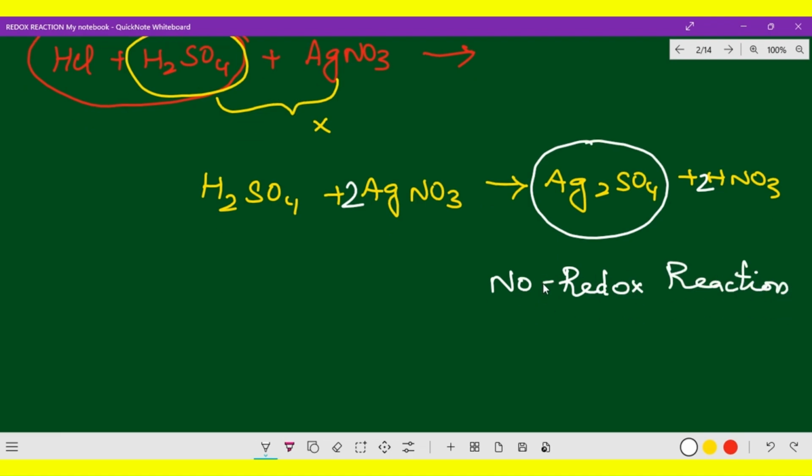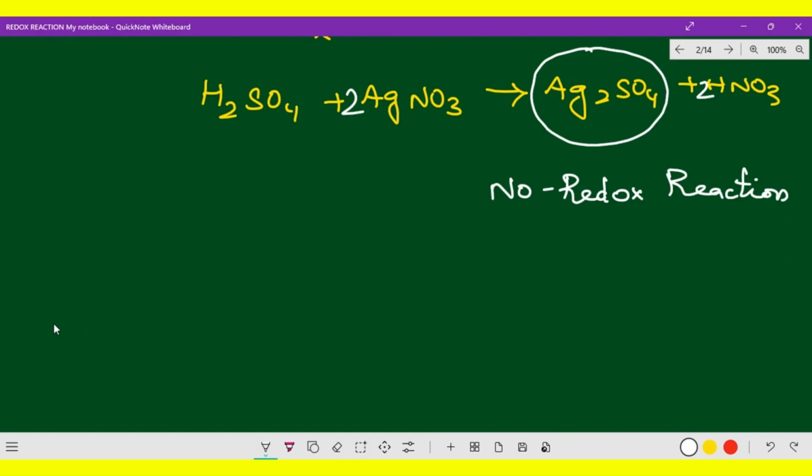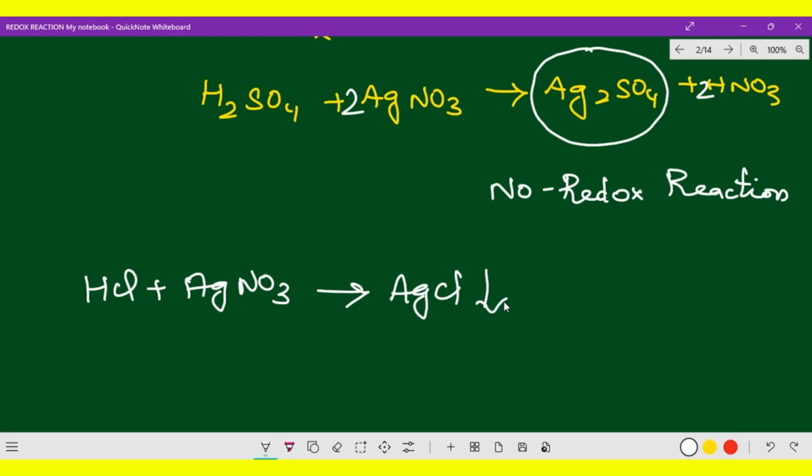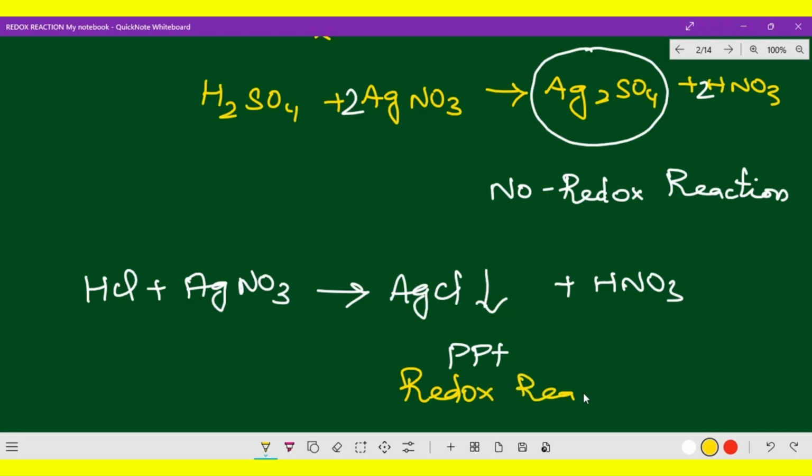Whereas HCl reacts with AgNO3, silver nitrate solution. You will get AgCl, which is a precipitate, a solid, plus HNO3. So you will get that precipitate, and this is 100% a redox reaction.